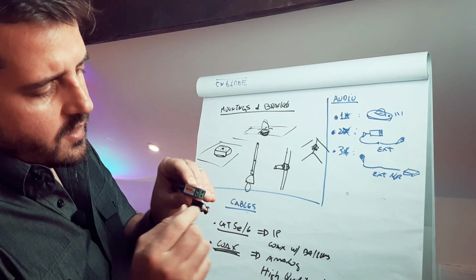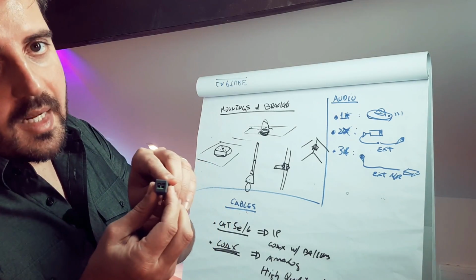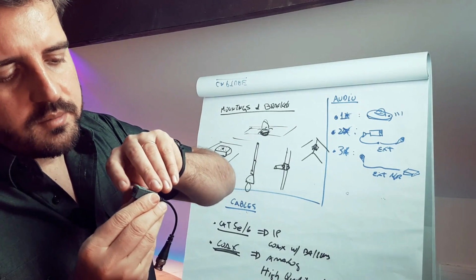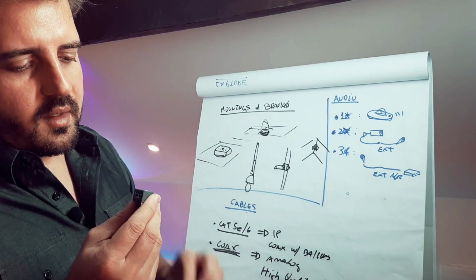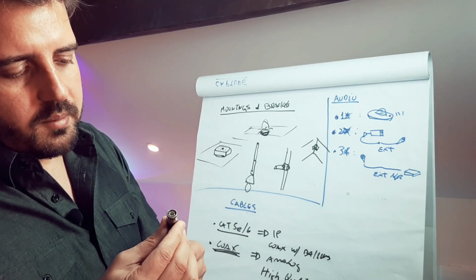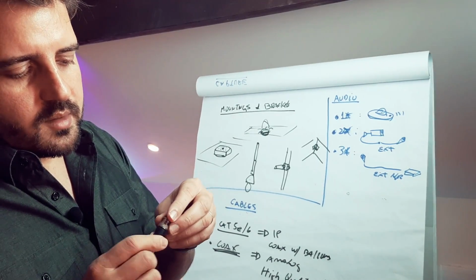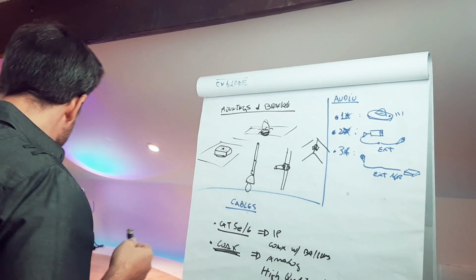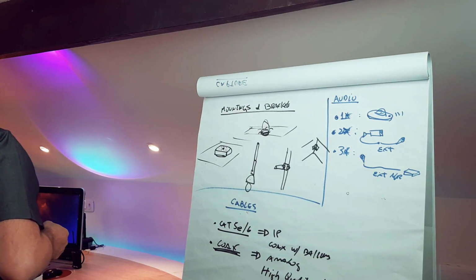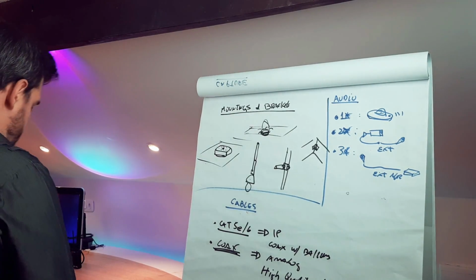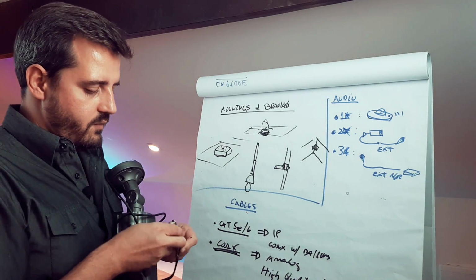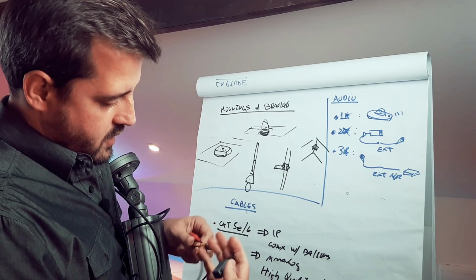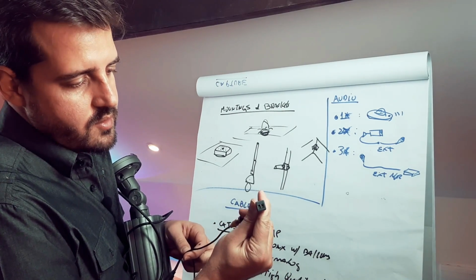We have here the part that we will connect to the pair of the Ethernet cable, and this other part will be the one that we will connect in the camera or in the NVR, in the DVR, in the back of the DVR. So it will match here, and then you'll be able to install this way.